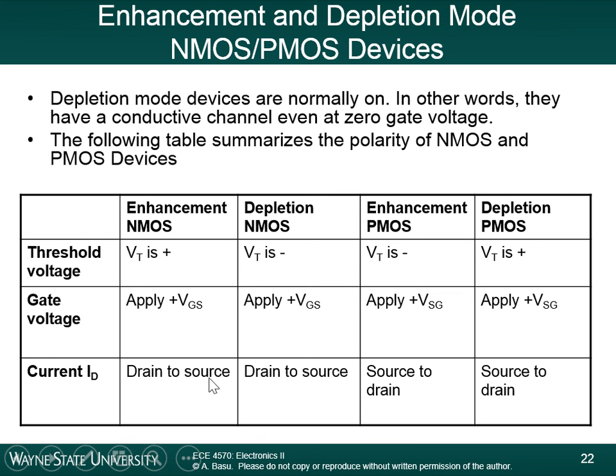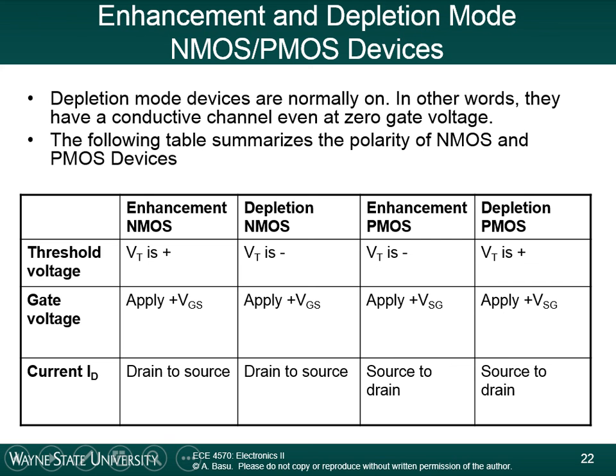An enhancement mode NMOS device will have a positive threshold voltage. A depletion mode NMOS device will have a negative threshold voltage. With NMOS devices, you always apply a positive gate voltage, and the current flows from drain to source. For PMOS devices, the threshold voltage is negative for an enhancement mode device.